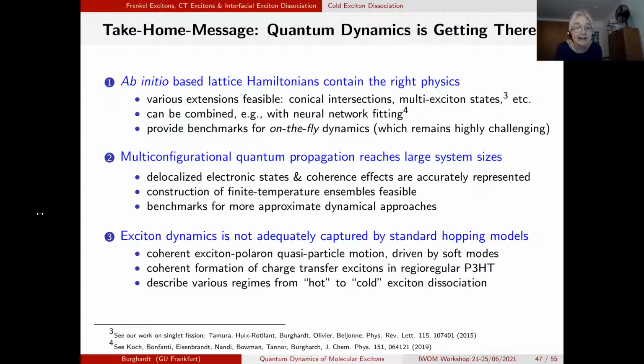Yes, so it does. The simulations I showed were for this 5-site lattice. But since one of the referees for our paper asked exactly the same question, we actually carried this out for the supplementary material, and we went to system sizes up to 20 units. Interestingly, it turns out that due to this mixing of the bright state, which has Frenkel and charge transfer contributions, the density moves towards the edges of the lattice.